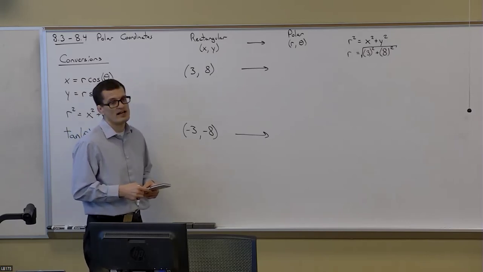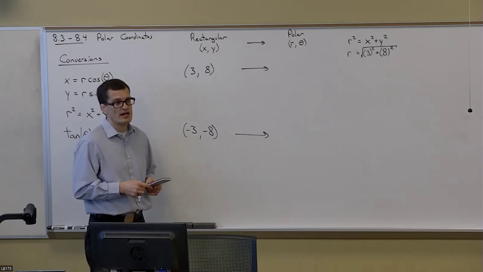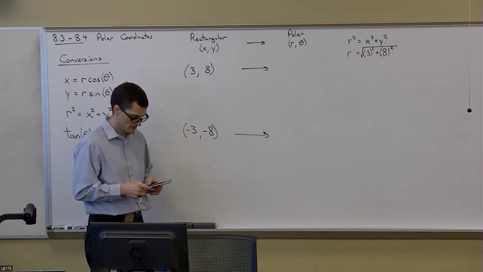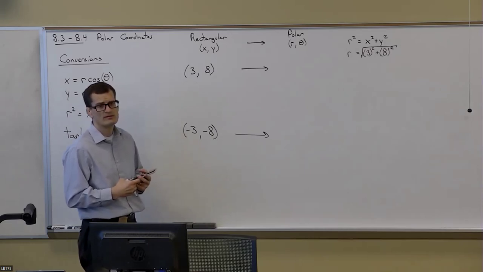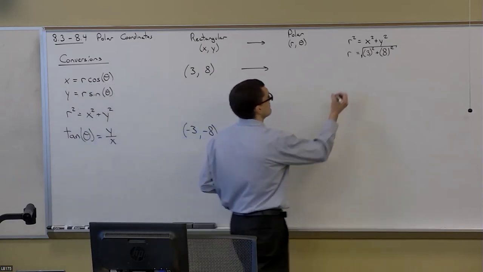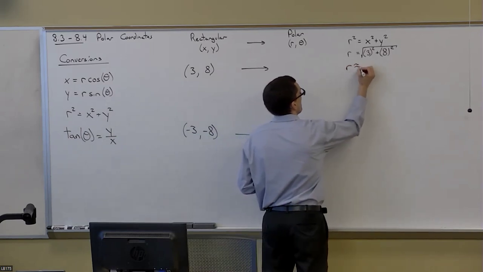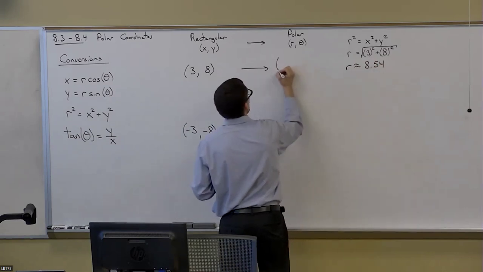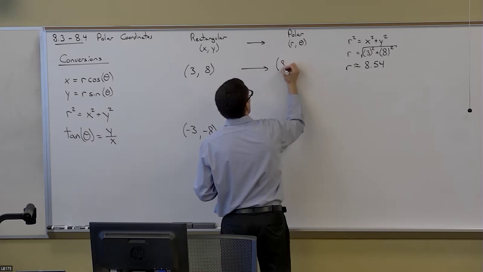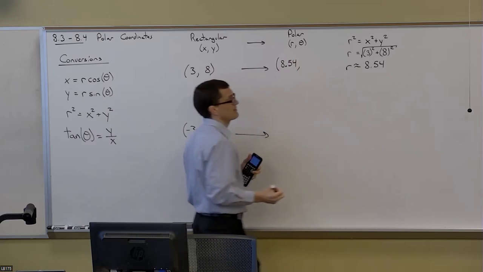And we'll assume the angle has to be between -pi/2 and 3pi/2. So square root of 3 squared plus 8 squared is about 8.54. So the polar point is going to have an R value of approximately 8.54.